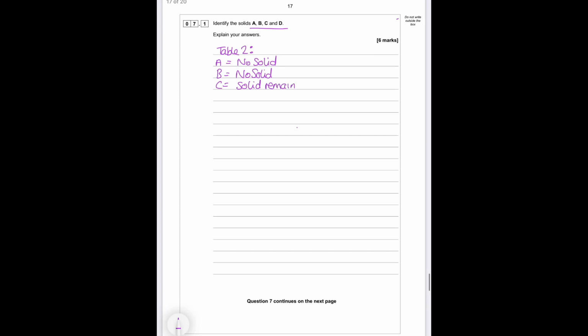So that means not all of the solid has dissolved in the water. And D, we are told that solid remains. But the pH of D is 7 and the pH of C is 9, the pH of B is 3 and the pH of A is 14.